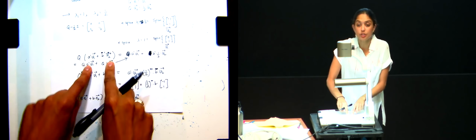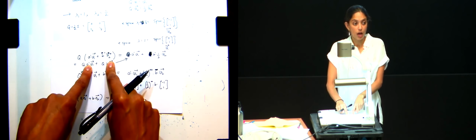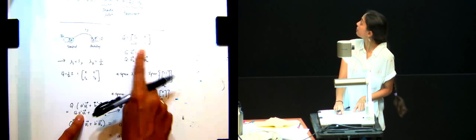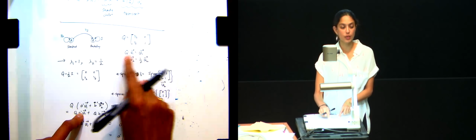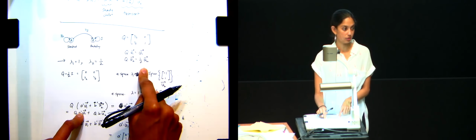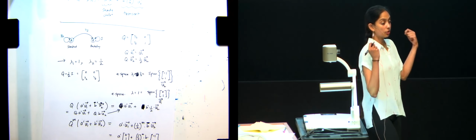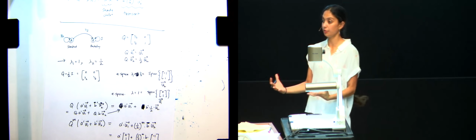But if I use this special basis, I have this special property of what happens when I do this matrix vector multiplication. Eigenvalues and eigenvectors are super special exactly for this reason, because we can use them to distill the impact of a matrix.